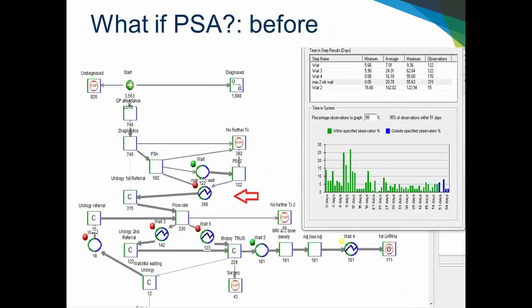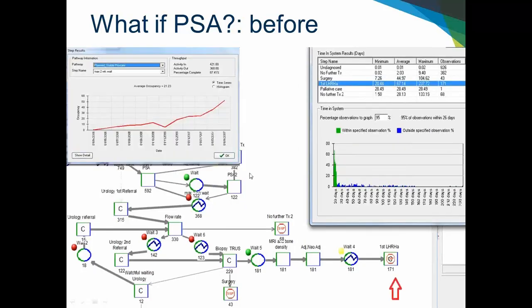So the before scenario you can see here. Here's the treatment pathway, you can see some of the numbers in it, and you can see where people are waiting in that scenario, and the time that people are waiting. So it's really not good enough for that 2-week wait.